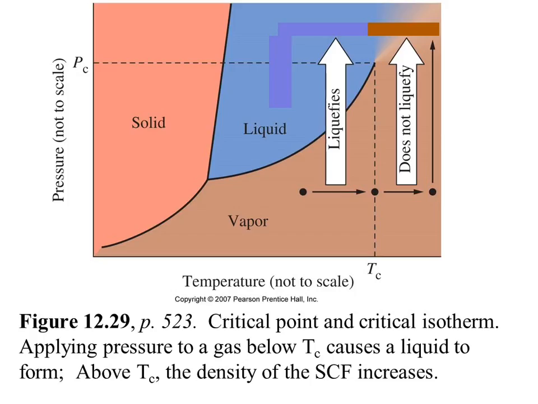You're never going to get it to liquefy. So let's finish that circle a little bit. Let's say you're up there above the critical temperature and you cool it down. That would be going this way, right? We can definitely get it to liquefy.